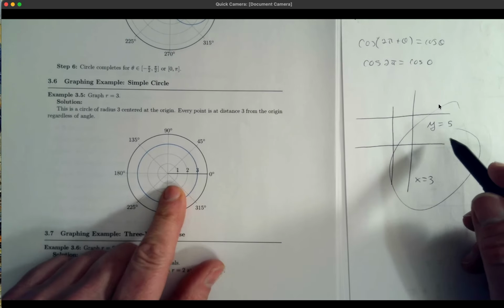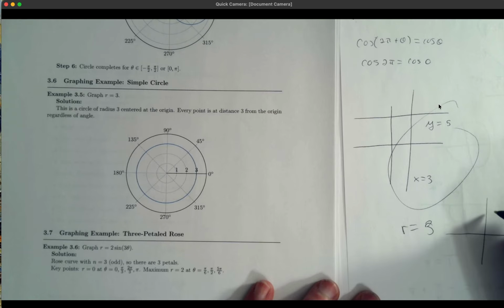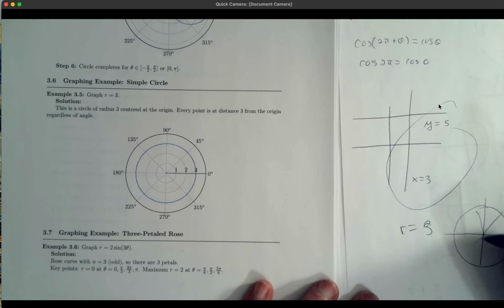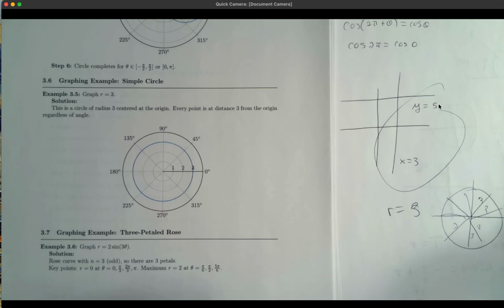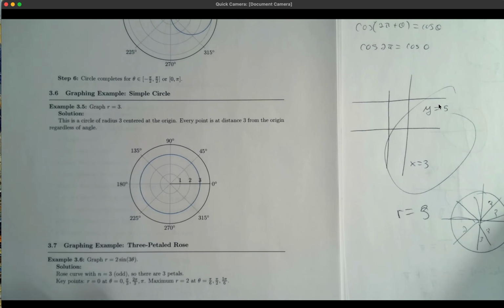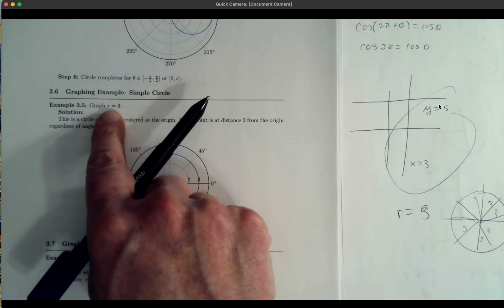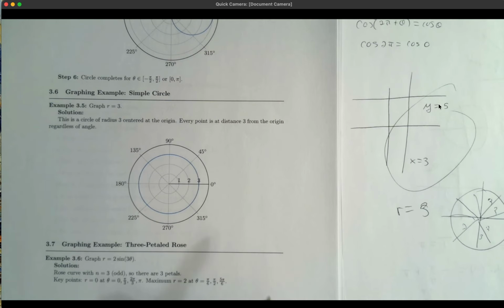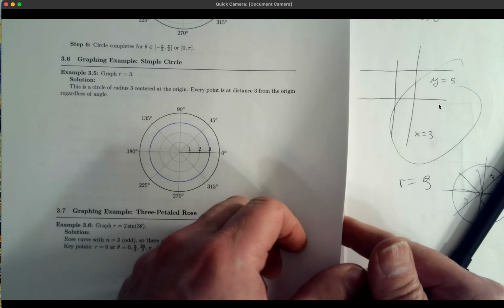In polar, if you say r equals 3, then you get all the points that are distance 3 from the pole, from the origin. And that is, by definition, a circle. So what I'm trying to explain is that the simplest way to represent circles is to use polar coordinates. They have the simplest equation, just like lines have very simple equations in Cartesian. All right, let's take a look at the 3-petaled rose.